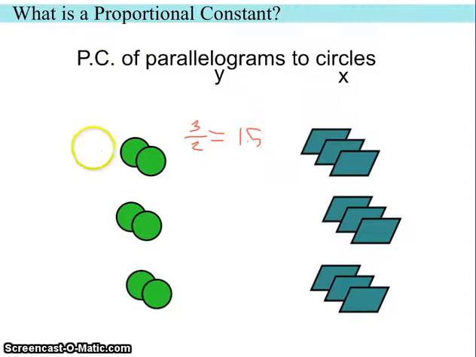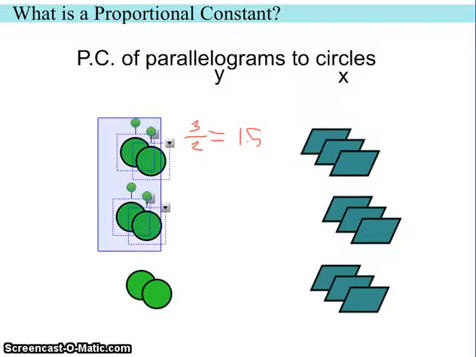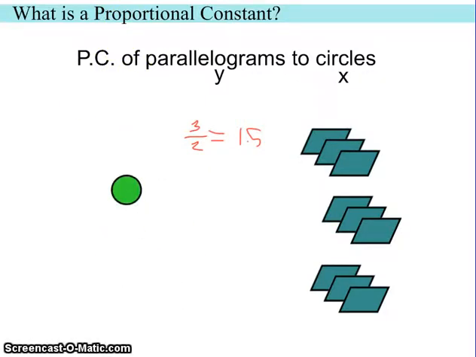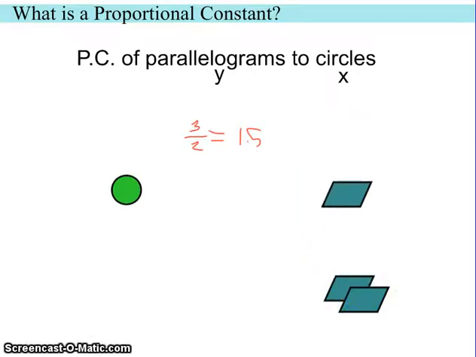Which means that for every 1 circle, we are going to have 1.5 parallelograms. Which means we would cut this one right in half, and that's how many parallelograms there would be.